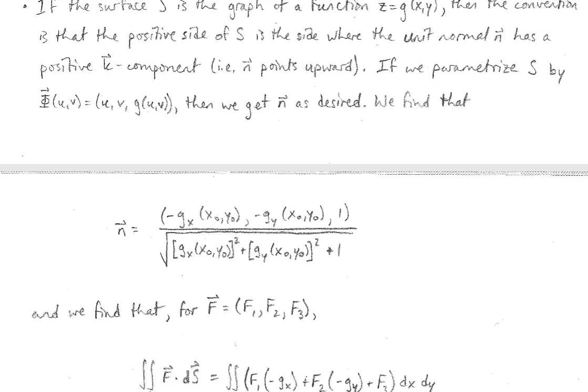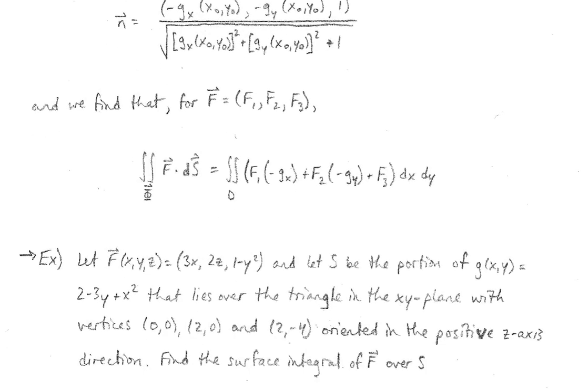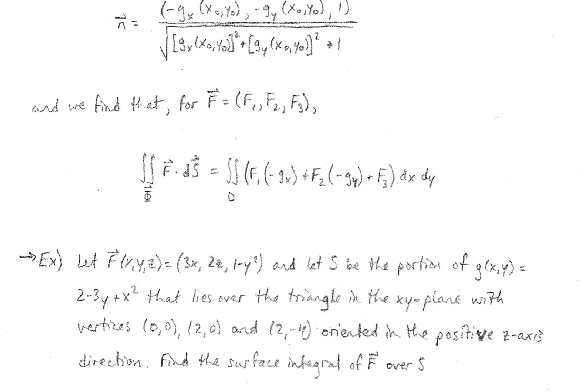And then when you plug this into the formula that we arrived at, this is what it comes to over here. The double integral over D of f1 times the negative of the partial of g with respect to x, plus f2 times minus the partial of g with respect to y, plus f3.